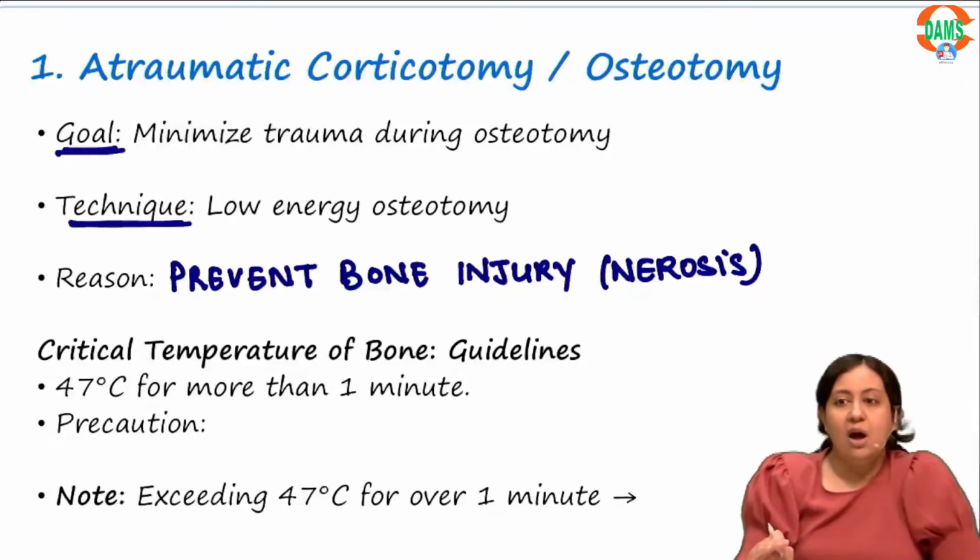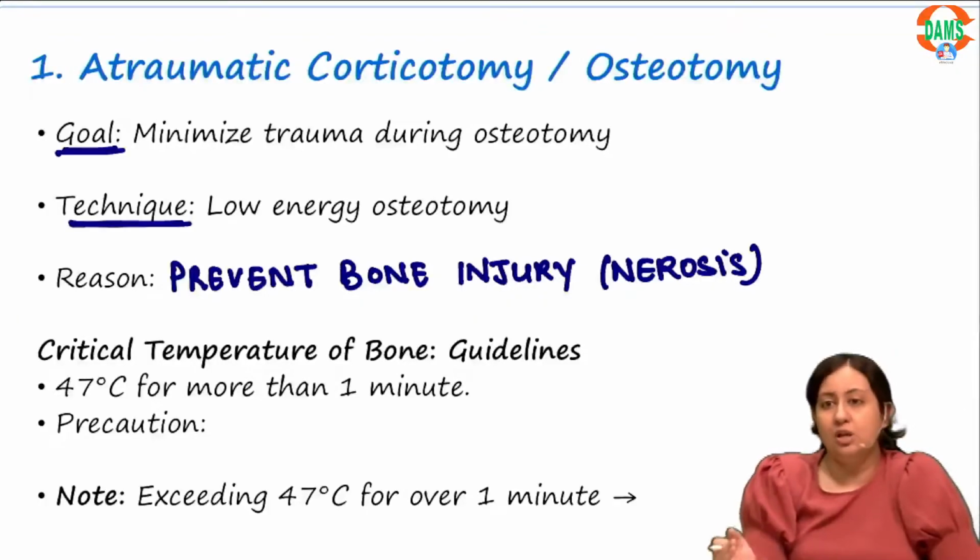So basically you have to maintain the temperature of the bone at 47 degrees and within 1 minute. You should not let it cross 47 for more than a minute.